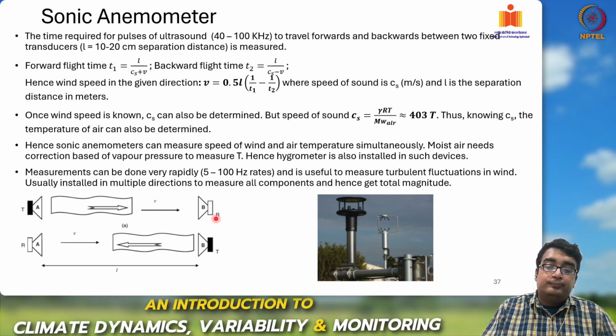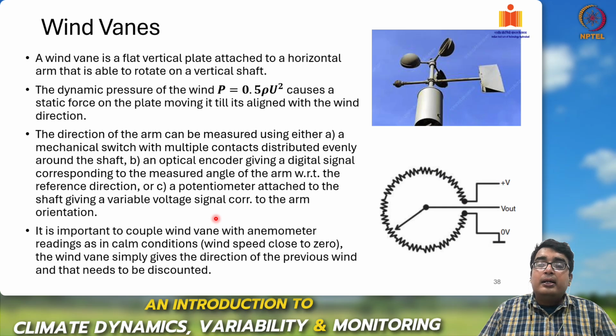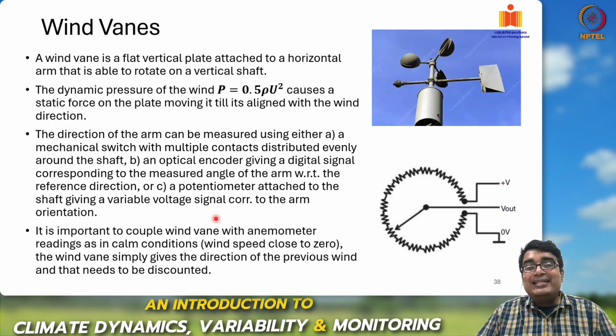Next comes direct measurement of wind direction, and this is done through wind vanes, and this is a typical wind vane that you can see. Basically, it's a flat vertical plate which is attached to a horizontal arm that is able to rotate on a vertical shaft.